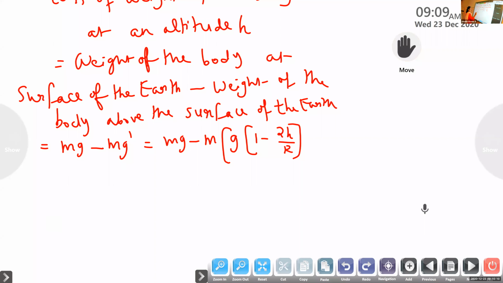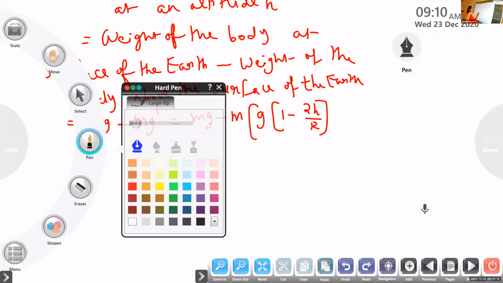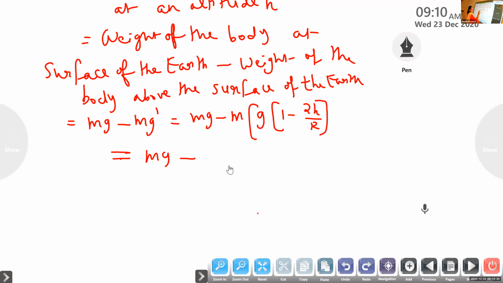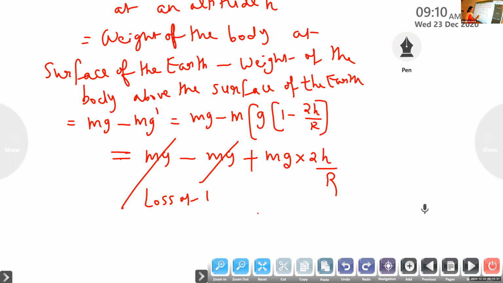It is going to be mg minus mg plus mg into 2h by r. First mg and second mg get cancelled, and finally what remains is the loss of weight. Loss of weight is equal to 2 mgh divided by r.